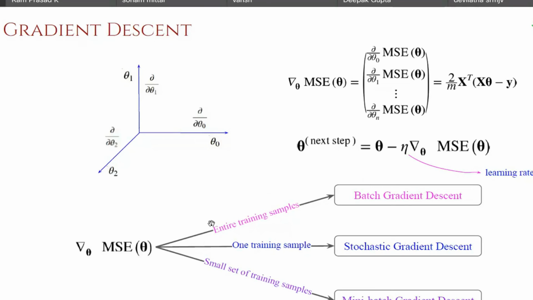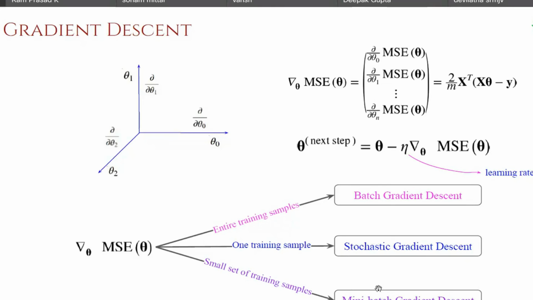So if you wait to accumulate all the training sample errors and then make a step, it is called full batch gradient descent, or you can simply call it batch gradient descent. And randomly pick a sample and update the theta, it is called stochastic gradient descent. An intermediate representation is the mini batch gradient descent. And you'll see that when you enter into deep learning based training, we will quite often use mini batch gradient descent.